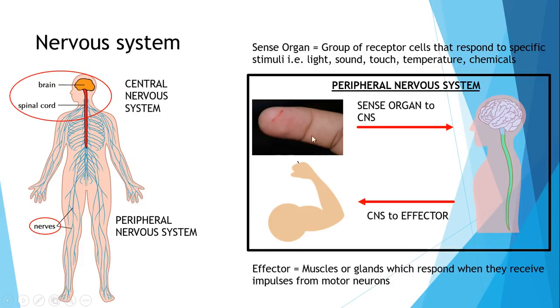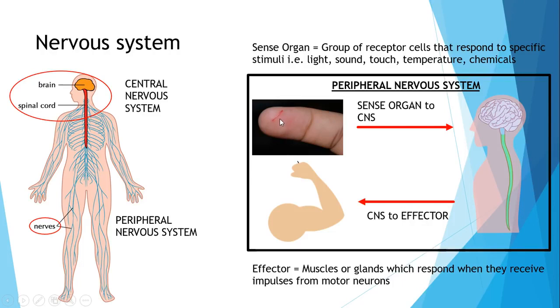Let's say you get a paper cut, and you decide you're fed up with this sheet of paper and you scrunch it up and throw it into the bin. In this simple example, you've got obviously the paper cut, and you've got some receptor cells in the skin of your fingers that respond to specific stimuli, in this case touch. So your skin acts as a sense organ.